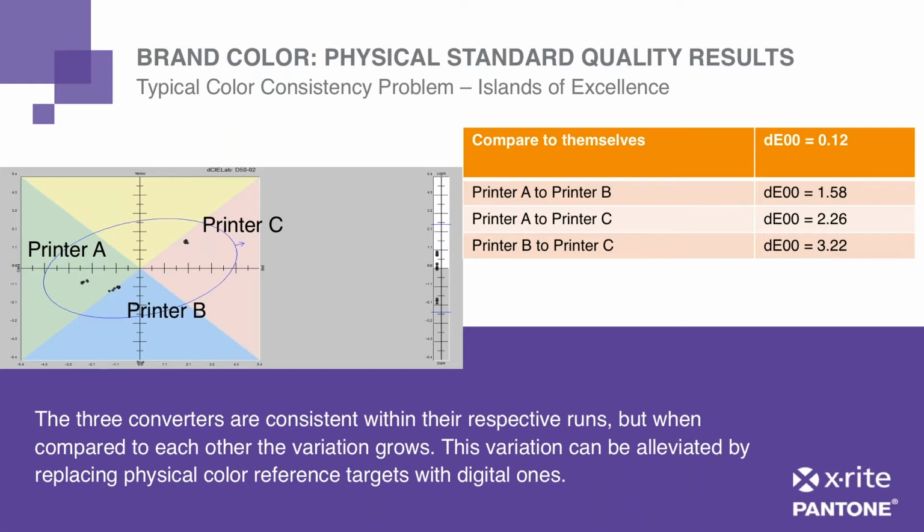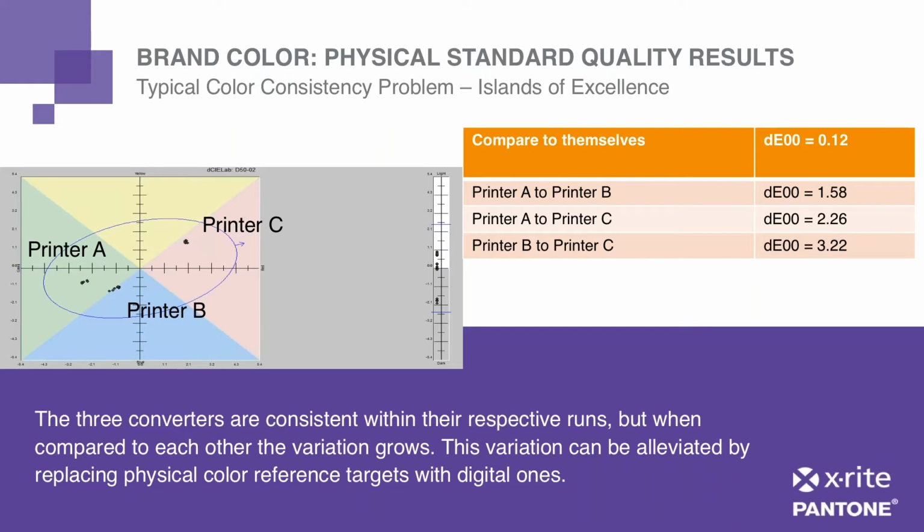But then when you compared them to each other, printer A to printer B was a difference of about 1.5, and printer A to printer C was a difference of about 2.25. But then printer B to printer C was a difference of about 3.25. And so we see where the printers to themselves are excellent, what we refer to as an island of excellence.